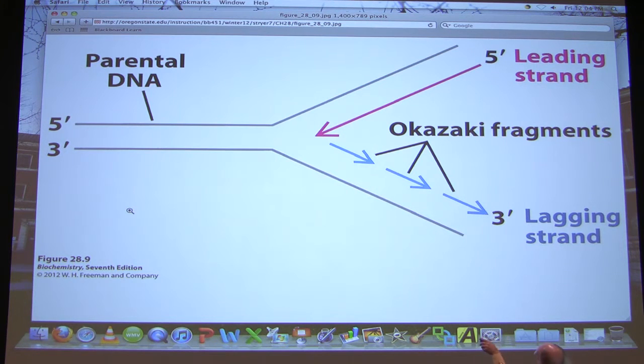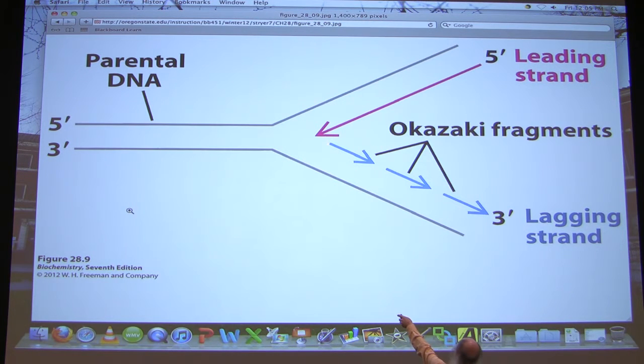In this case, the leading strand is going from right to left, and the lagging strand is going from left to right. The head, that is the very leftmost portion of each of these little blue fragments, has a primer. That primer, of course, is RNA, and that RNA must be removed. To remove that, DNA polymerase I comes in and starts at the 5' end of that fragment.